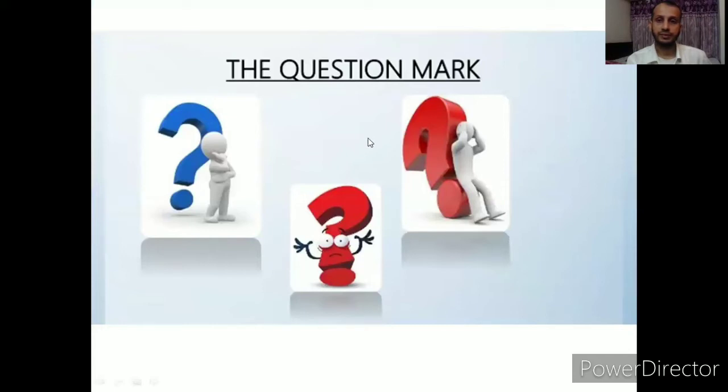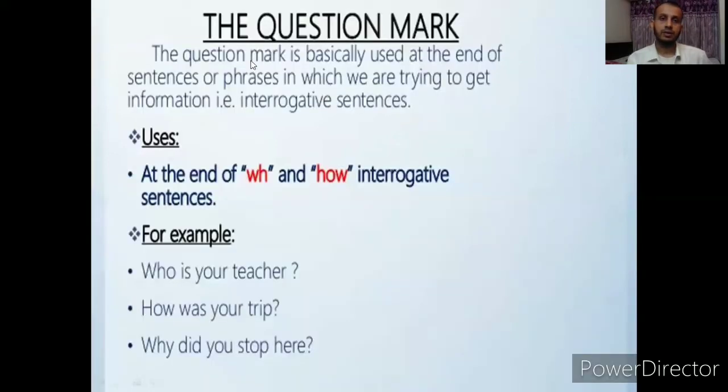Now the question mark. The question mark is basically used at the end of sentences or phrases in which we are trying to get information. Interrogative sentences, used at the end of WH questions and how.